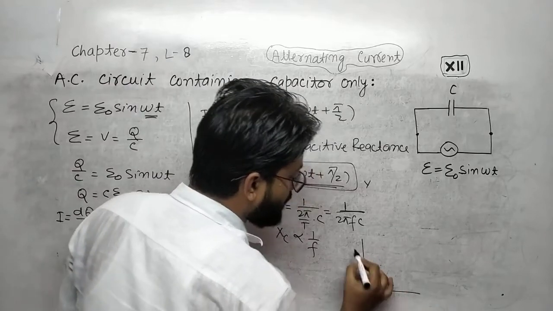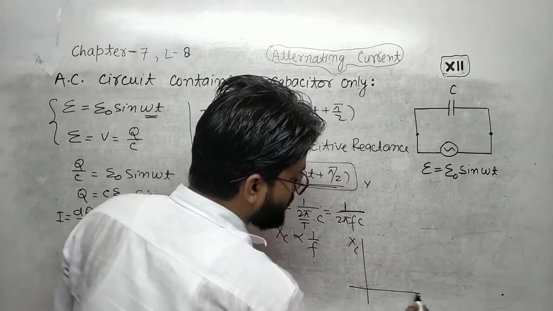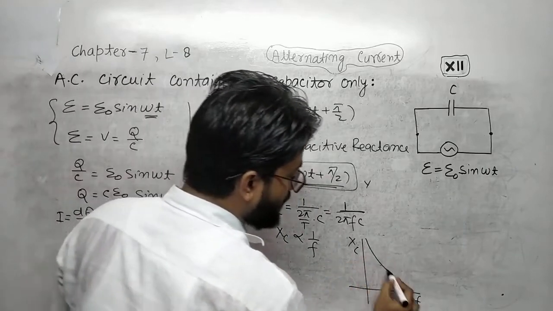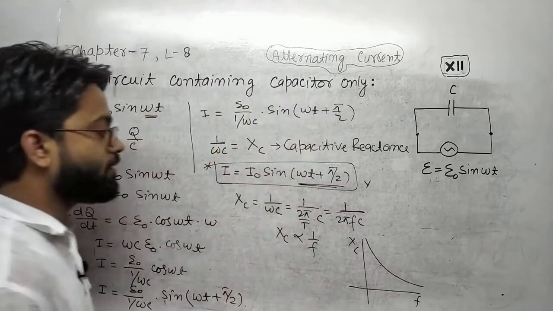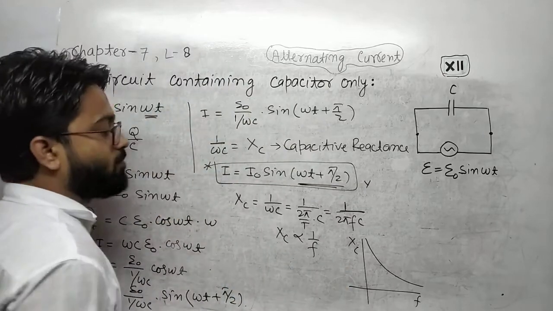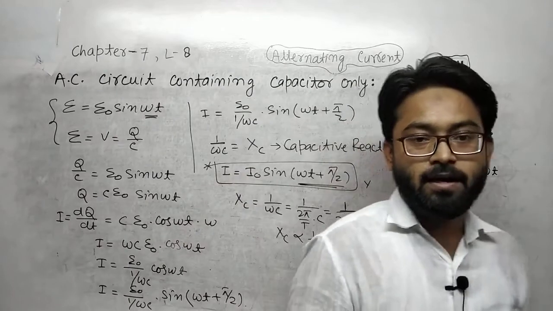If you draw Xc versus the frequency axis, it is inversely proportional, so the graph will be like that, because it is a rectangular hyperbola. Hope you are understanding, and thanks for watching.